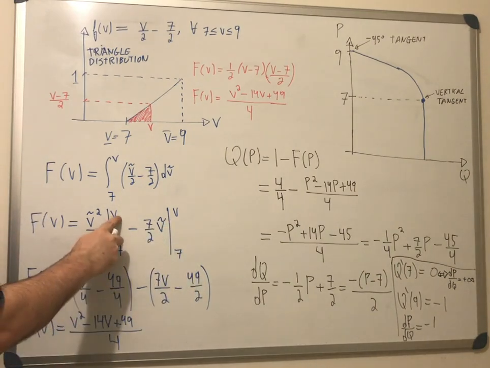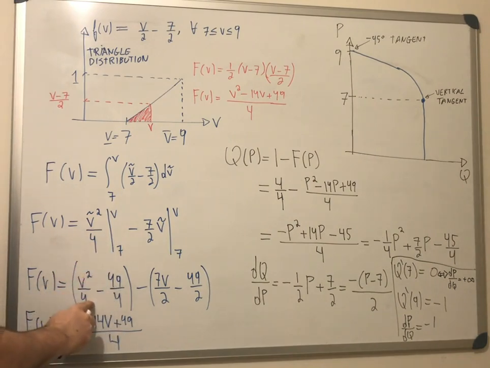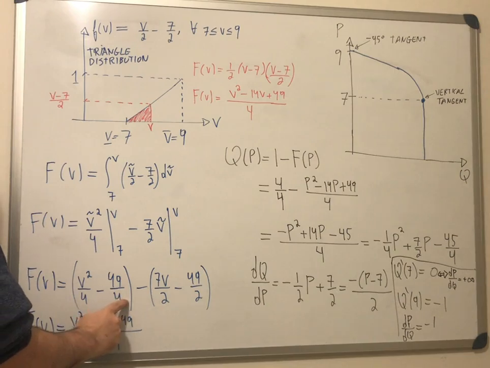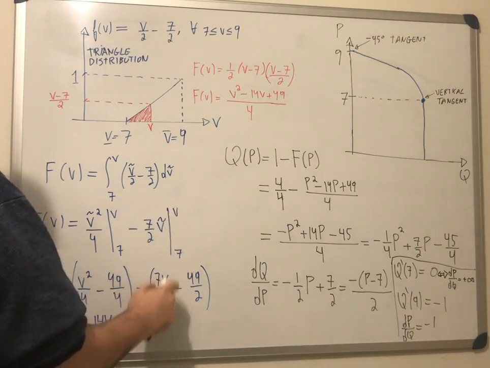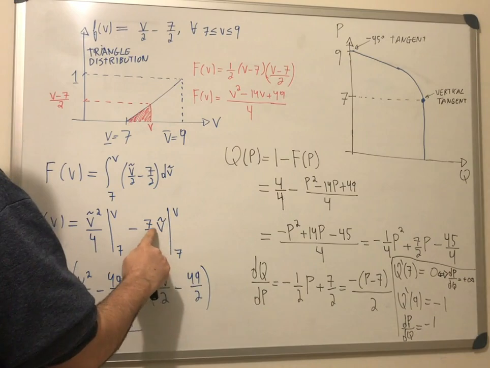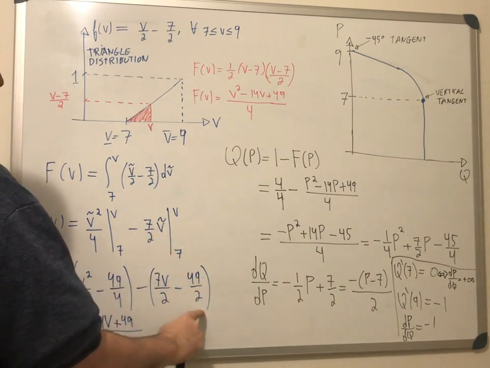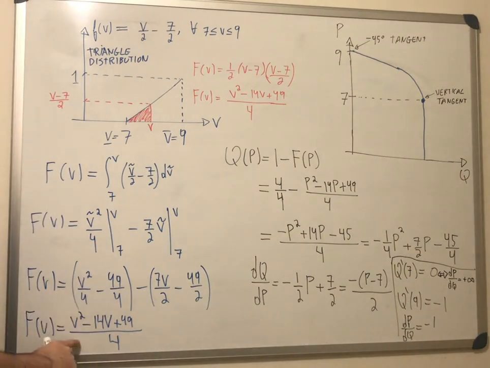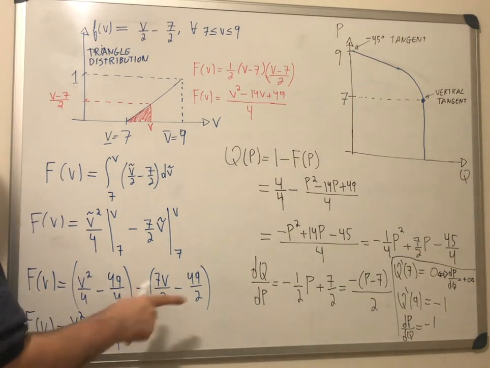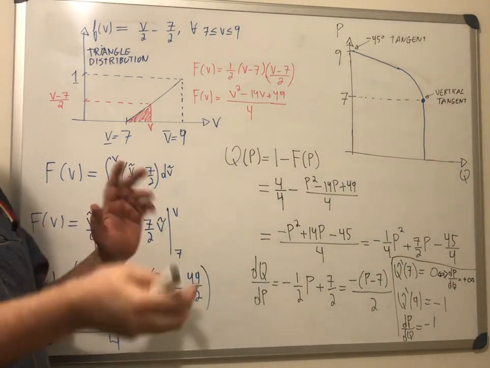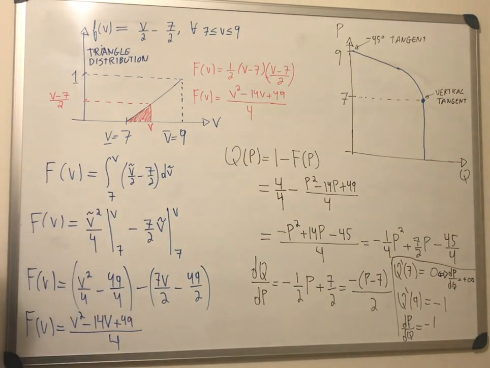When I substitute v, it's v squared over 4. When I substitute 7, it's 49 over 4, minus this one here. Plug in v, 7v over 2. Plug in 7, 7 times 7 is 49 over 2. When I do the algebra and cancel things, I get this. Notice this expression is exactly the same as this. They are two different ways of doing the same thing.